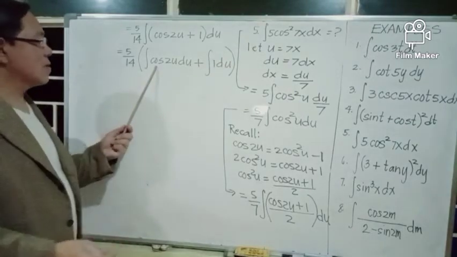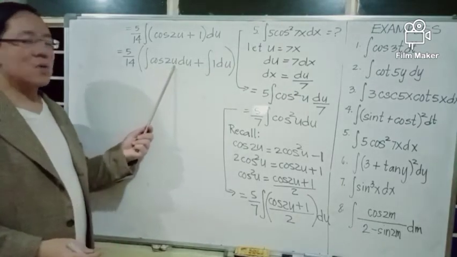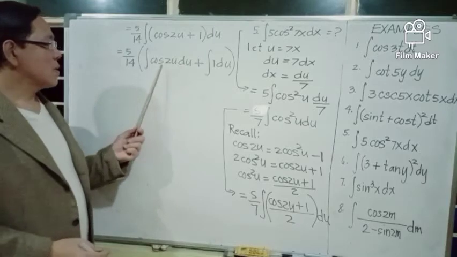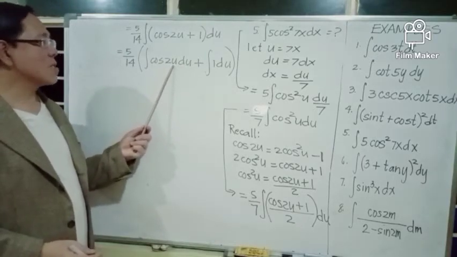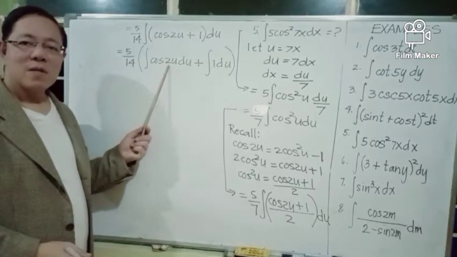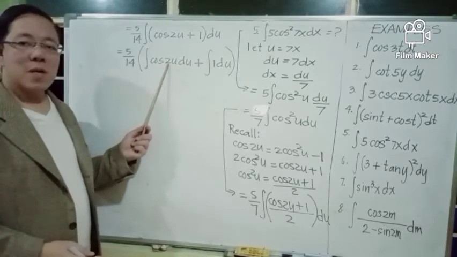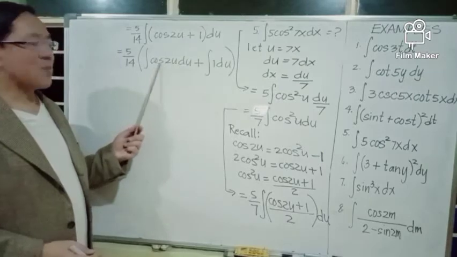Again, for the integral of cosine 2u with respect to u, we will apply a change of variable because u has a coefficient of 2 and the coefficient of the angle of cosine should be 1.